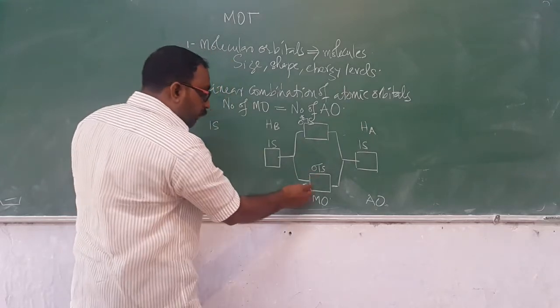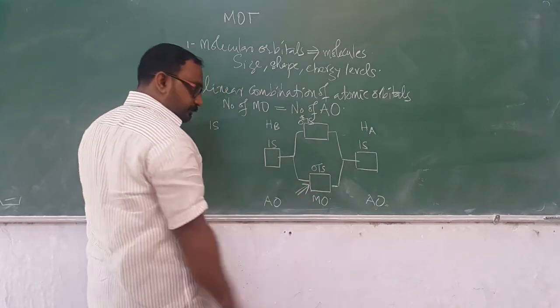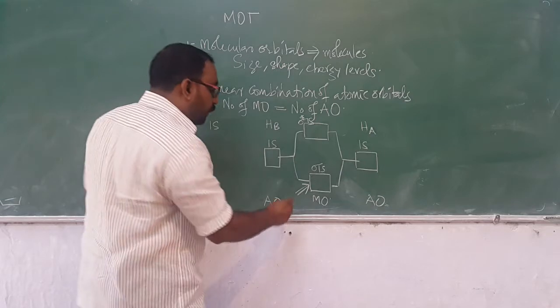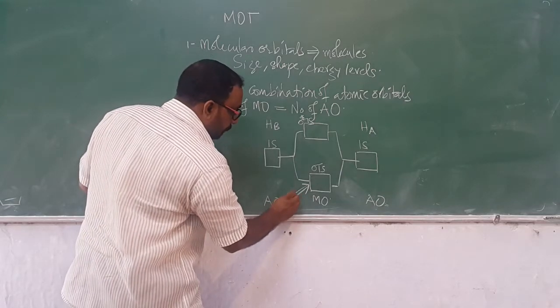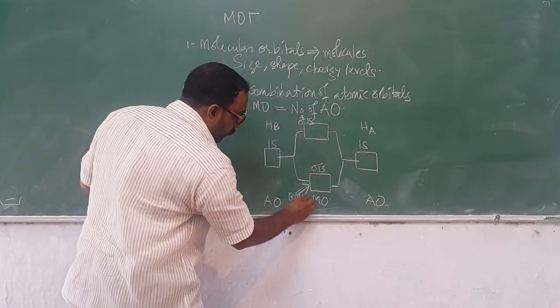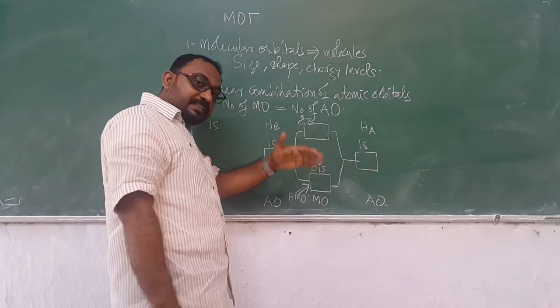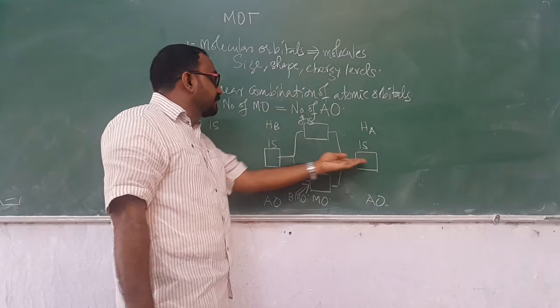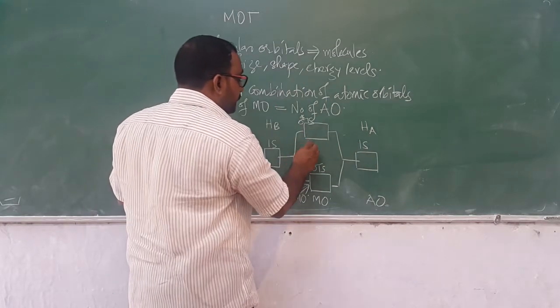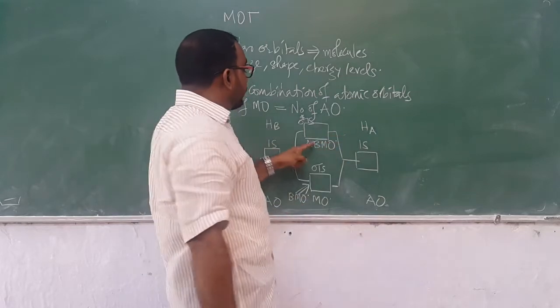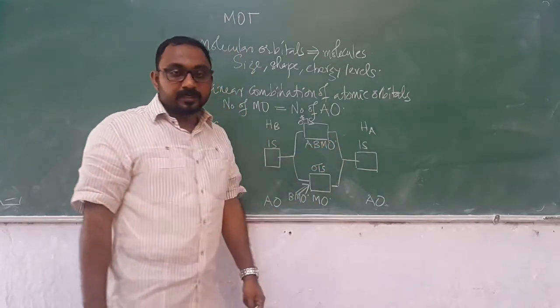The molecular orbital which has lesser energy than the starting atomic orbital is what we call bonding molecular orbital. And the molecular orbital which has more energy than the starting atomic orbital is called anti-bonding molecular orbital.